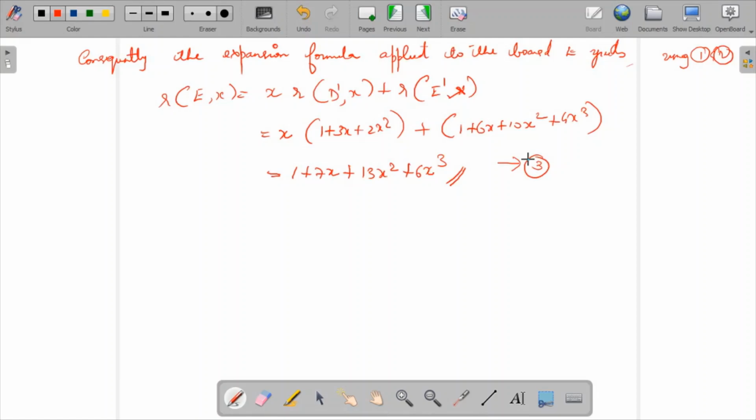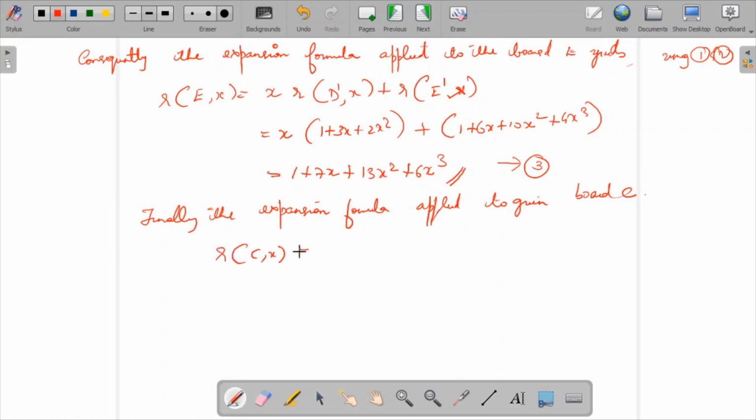Using 1 and 3, the final expansion formula applied to the given board C, that is R of C comma x, would be nothing but x into R of D comma x plus R of E comma x.